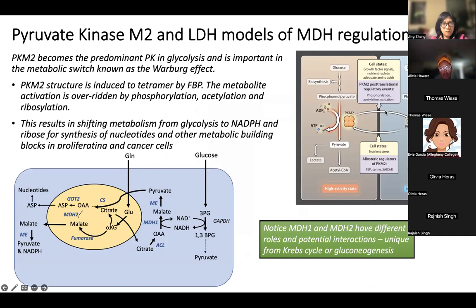If we just start with what we call the Warburg effect, pyruvate kinase M2 becomes a predominant pyruvate kinase in glycolysis in a number of different tissues, and it supports the Warburg effect. The idea is when pyruvate kinase M2 is a tetramer, it's active.